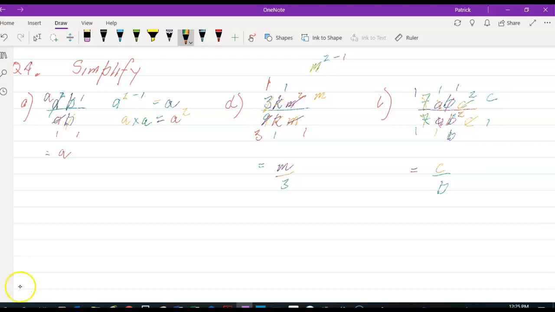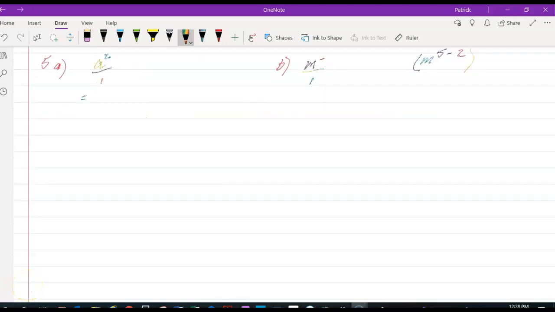There we go. In question 5, you're just asked to copy and complete that. It's fairly straightforward. A to the 6 divided by A to the 4 in part A, and then you lay out your A times A times A times A, and you are left with A squared over 1, because you've crossed out 4 A's on the top and all the A's on the bottom. So that just leaves you with A squared.